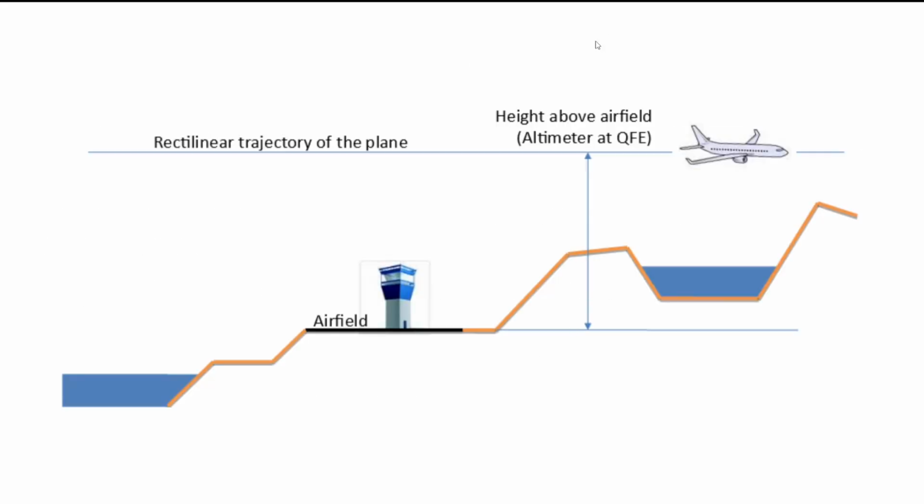Here you can see a diagram of the height above the airfield in, for example, feet or meters, because some countries like China or Russia will use meters rather than feet. So on your altimeter, if you have set it to QFE, you will have the height above the airfield.